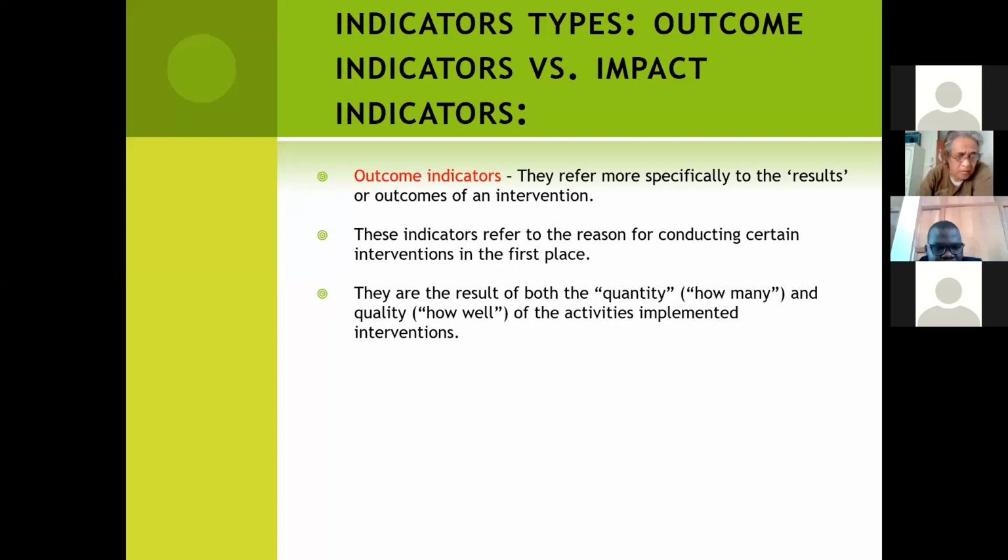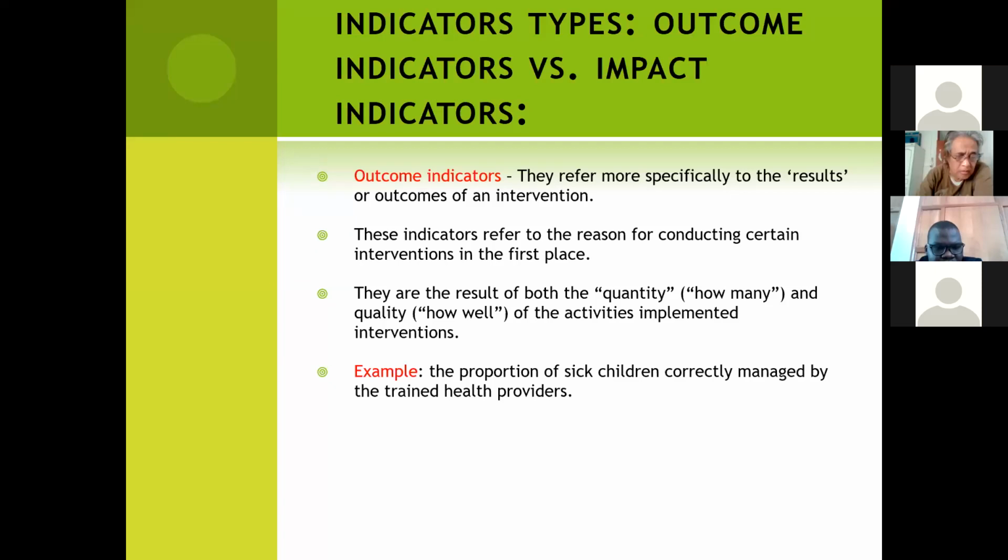So it's very, very important to make sure that we are able to consider outcome indicators as much as possible of how well the activities were actually implemented. And so it's very, very important to be able to look at that.